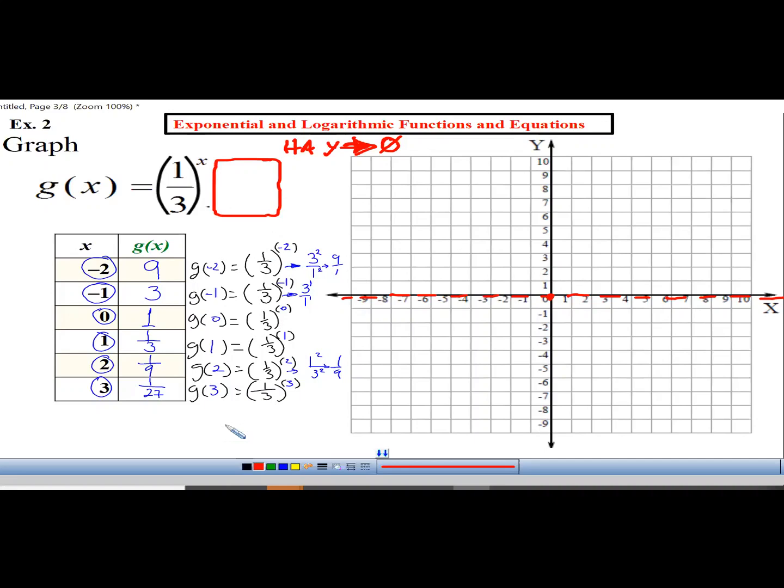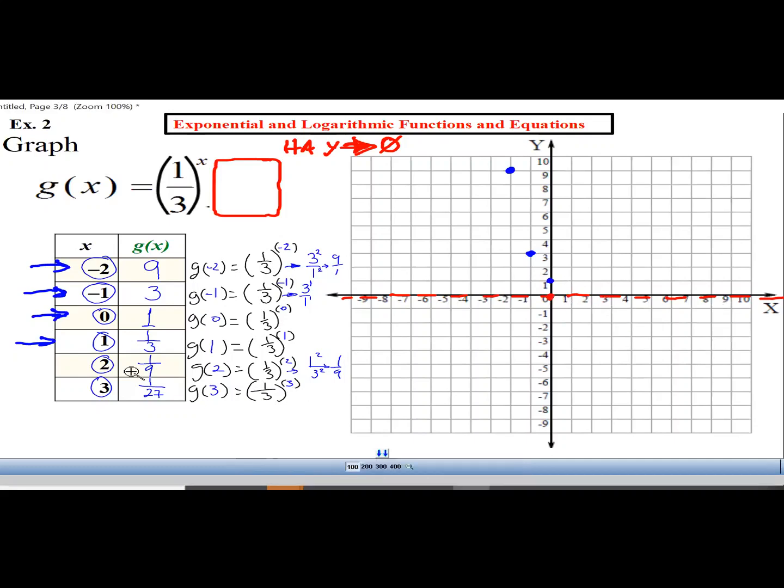Okay, let's graph our function. -2, 1/9; -1, 1/3; 0 and 1; 1 and 1/3. This is where it gets interesting because we need to get really close to the asymptote. So I'll zoom in.